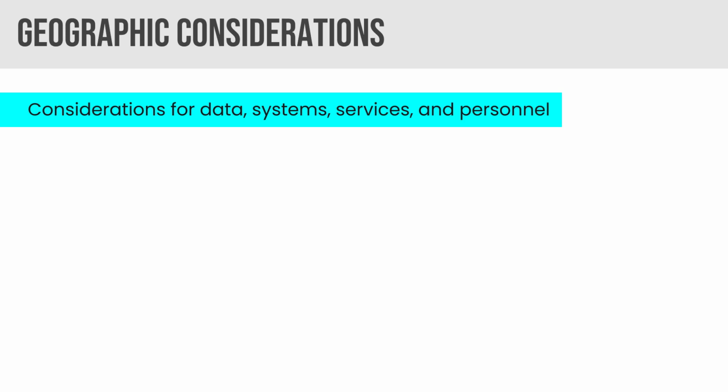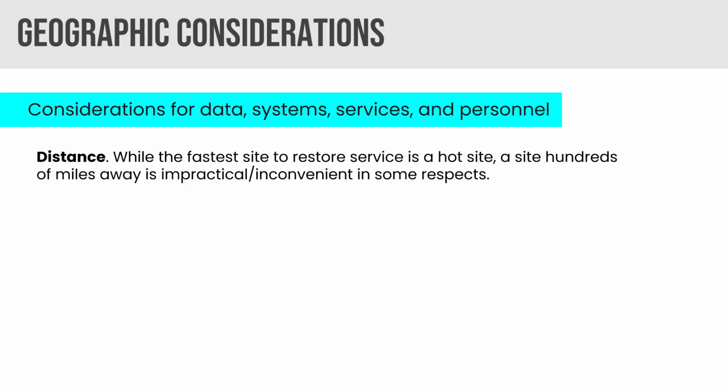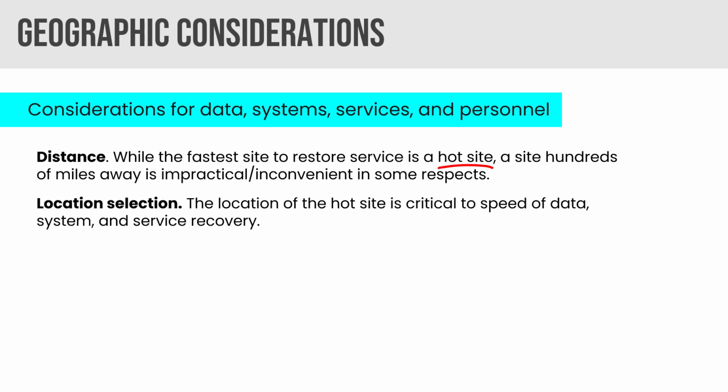IRM. Let's talk about geographic considerations for a moment, for data, for systems, services, and personnel. So in terms of distance, while the fastest site to restore services is a hot site, a site hundreds of miles away is going to be impractical or inconvenient in some respects, although it may be necessary. So selecting a location of the hot site is going to be critical to the speed of data, systems, and service recovery.